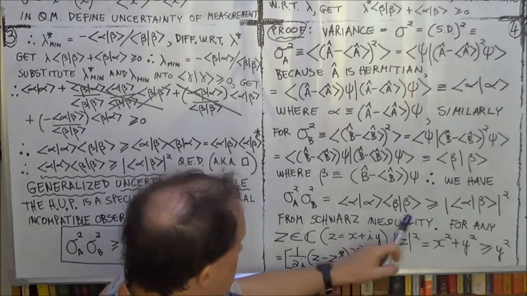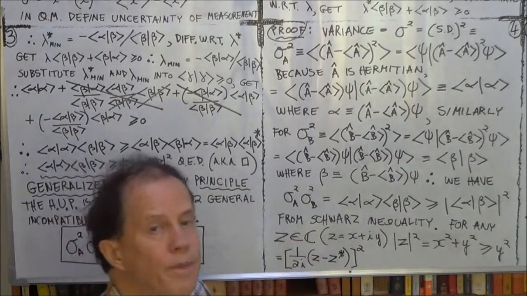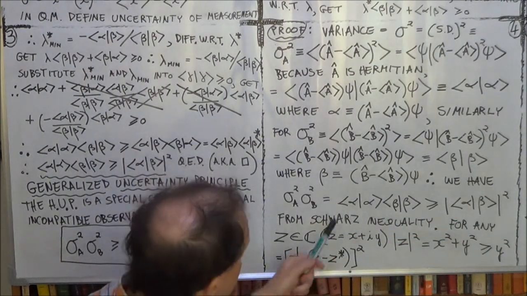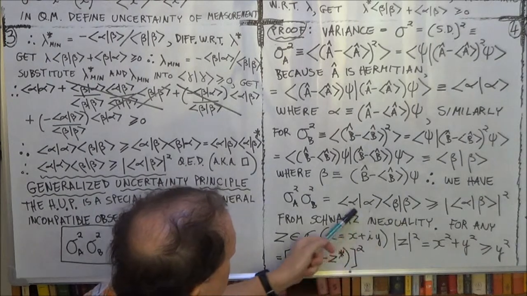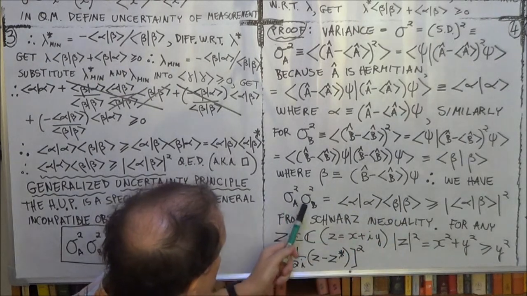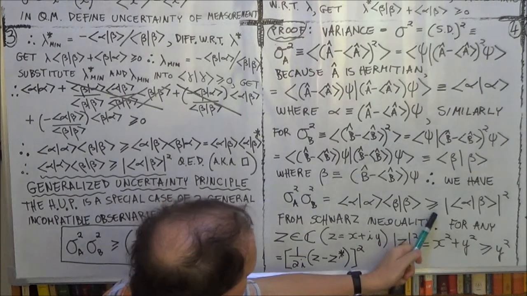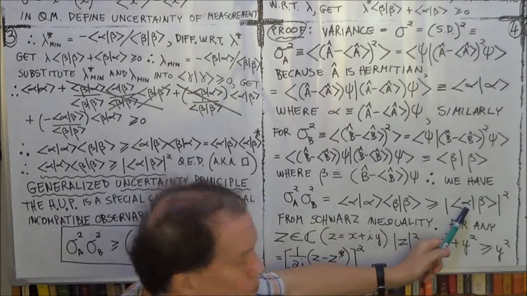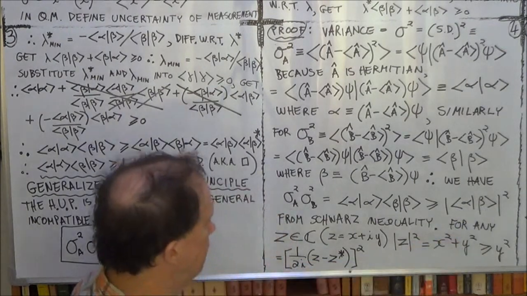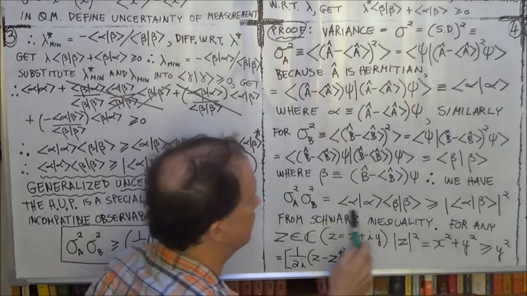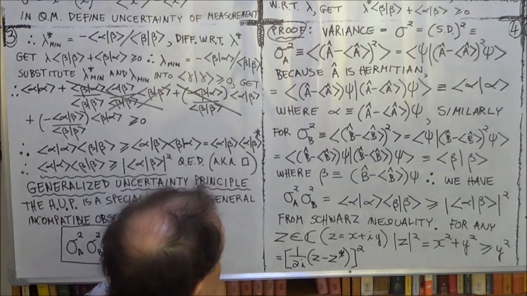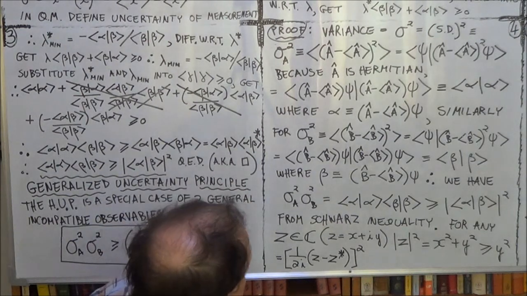Now you see where we use Schwarz's inequality. Instead of writing this down, we can say that sigma squared A times sigma squared B is greater or equal to the square of the absolute value of bracket alpha beta. That is Schwarz's inequality that we did the previous session. Now we start playing.